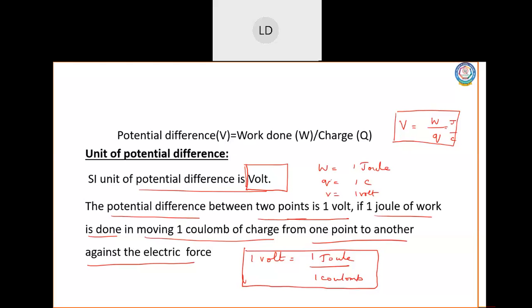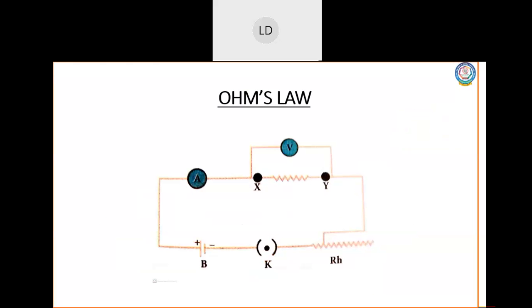Very important definition. Now, after this, we are going to touch what is called Ohm's law. Now, this is the circuit diagram for Ohm's law. This Ohm's law was established by a German physicist, George Simon Ohm.